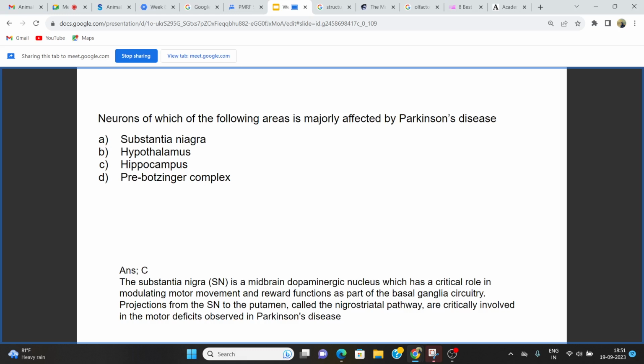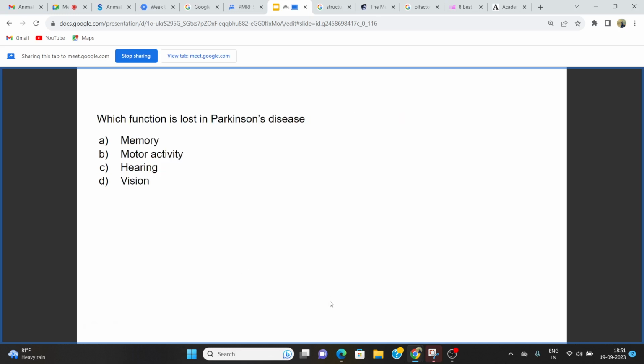Otherwise, we can say this is a disorder that happens due to a reduced level of dopamine, right? And one extra point is also written in the solution: the projection from the substantia nigra to the striatum, called the nigrostriatal pathway, is the major pathway involved in Parkinson disease. So just keep it in mind.